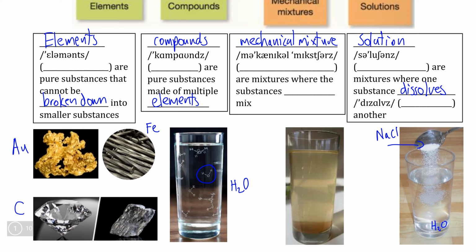So a mechanical mixture is an example of a mixture where we have two different substances. We know the chemical formula for water is H2O, and if you don't know the chemical formula for sand, it's actually silicon dioxide, and we can see that the two substances here do not mix, and therefore they produce a mechanical mixture rather than a solution.